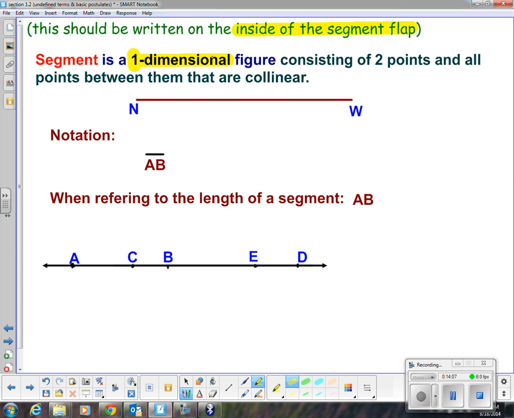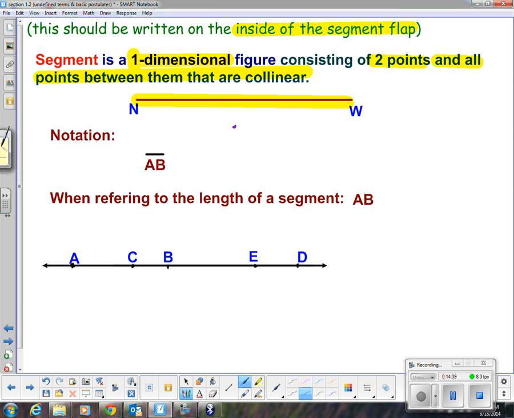So a segment is a one-dimensional figure consisting of 2 points and then all the points between them that are collinear. See there, we're already using our terminology. So if I have points N and W, then NW is a segment that contains point N here, point W there, and all the points from N to W that are collinear.